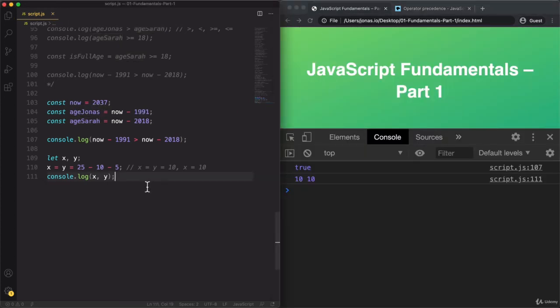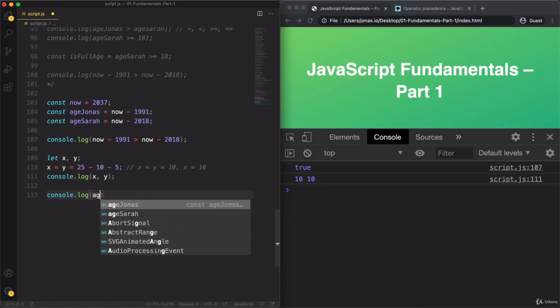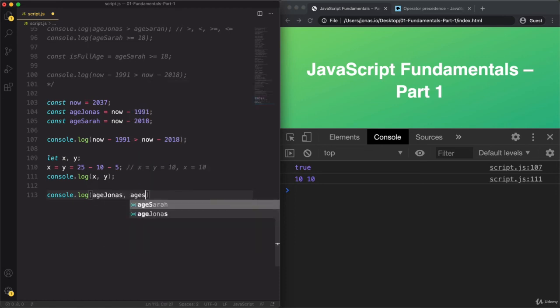So let's actually start by logging their ages to the console, just so we see. So age Jonas and age Sarah. And now I want to calculate the average. And actually, let's do that here above that. So let's say average age. And once more, don't forget the descriptive variable names.